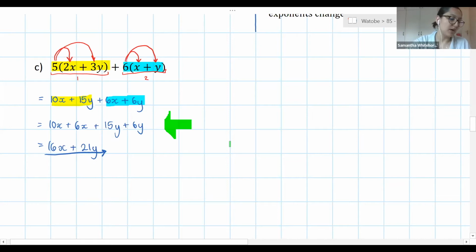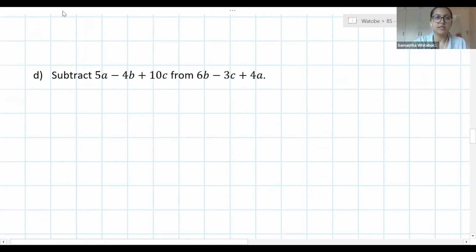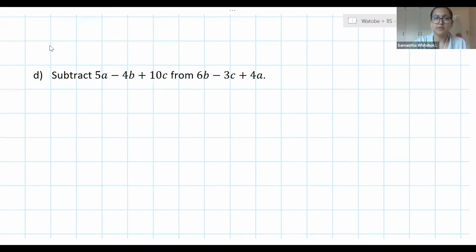Right, so the next one we need to read very carefully. Question D is saying to us, subtract 5a minus 4b plus 10c from 6b minus 3c plus 4a.